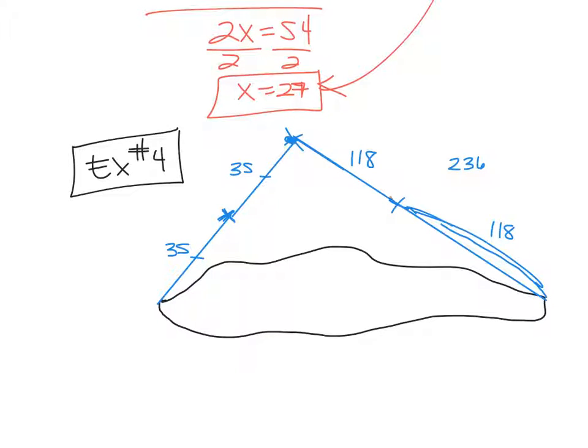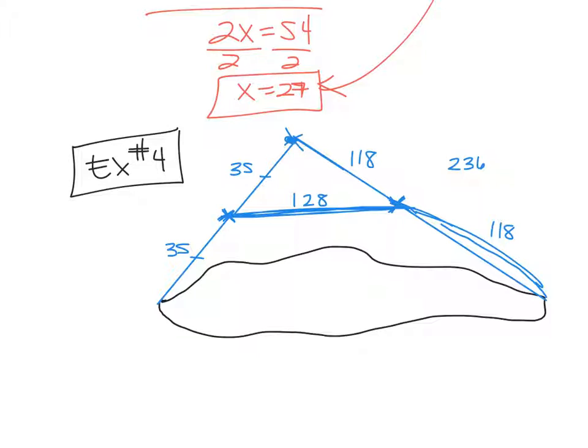Okay? So you have stakes in the ground that you're going to connect now. If I walk across here and find that it's 128 strides, then how many strides would it be across the lake? Right. Take that 128 and double it.